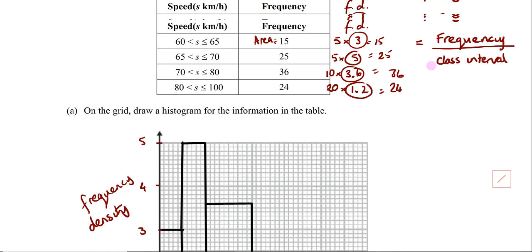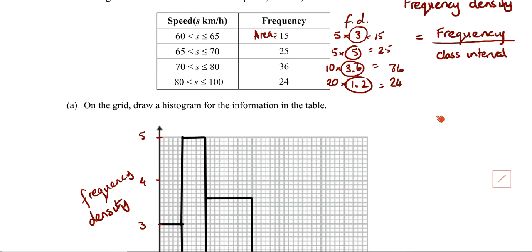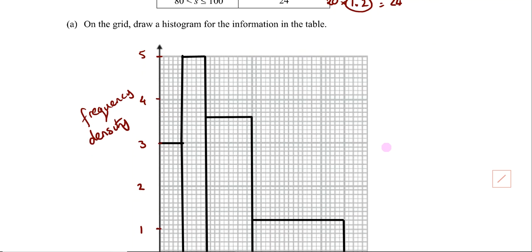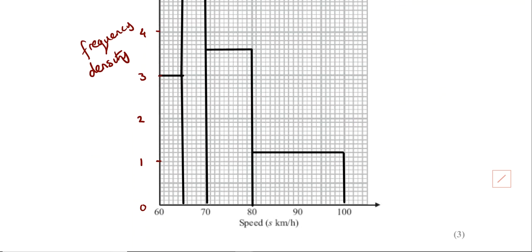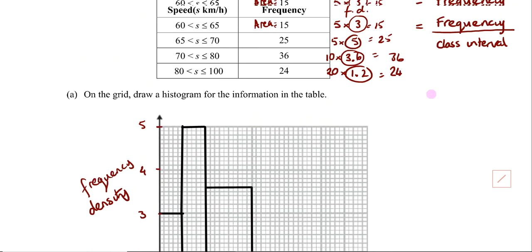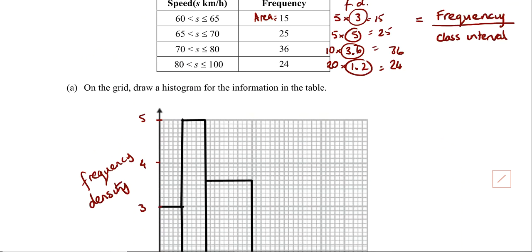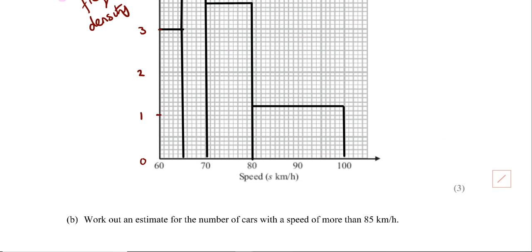Say it again, sorry. So you're looking at the 1.2 and you're multiplying by the 15 because... Yes, because we're looking at 85 to 100, which is a class interval of 15. How do you know it's 15? Because 85 to 100 is 15. Oh, I see. I get you.